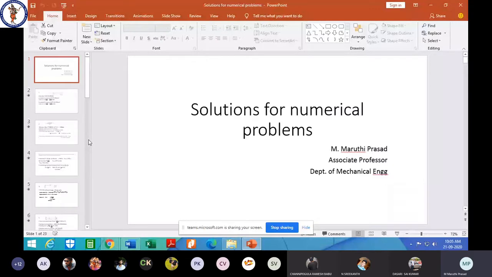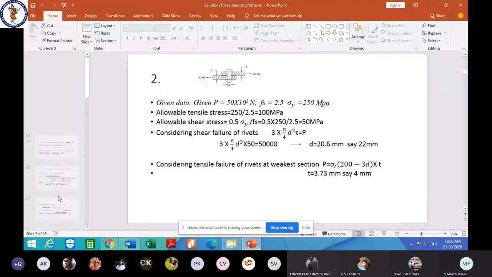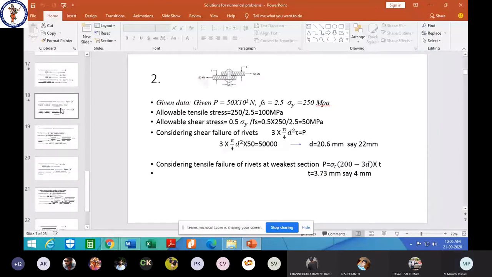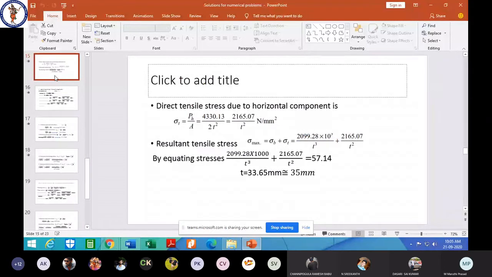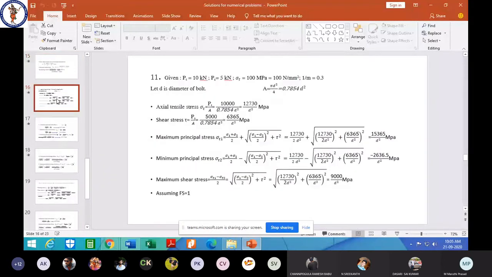First, write down whatever data is given. So first, the given data.